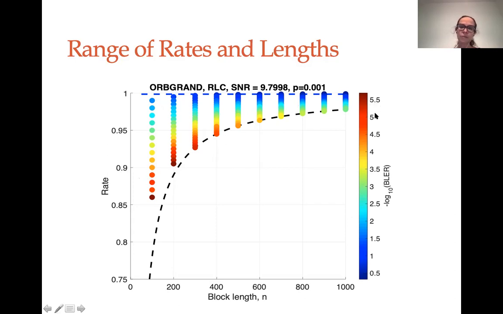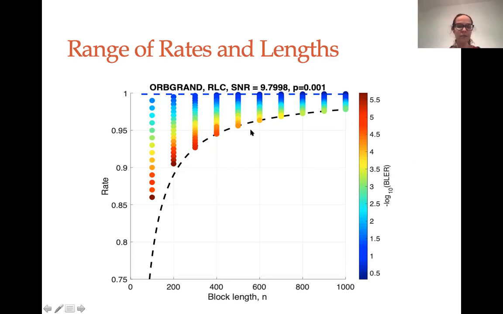So think of this as being like a 10 to the minus 5 block error rate. Usually we'd like the block error rate in many applications to be around 10 to the minus 3. So think of this light green as being an acceptable region. Sometimes you can go 10 to the minus 2, sometimes you need 10 to the minus 4, but 10 to the minus 3 is a good back of the envelope, decent block error rate performance.